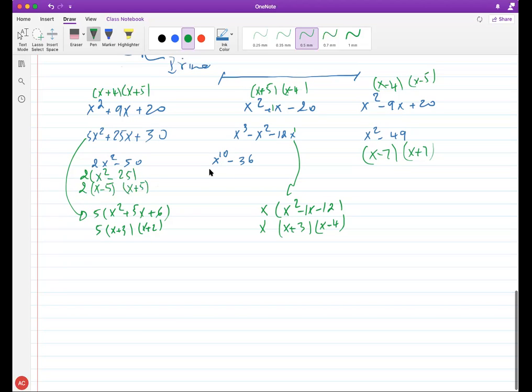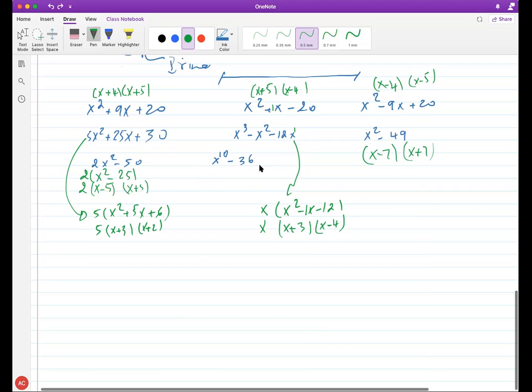And here? This one, x to the 5th, parentheses to the second power, minus 6 squared.